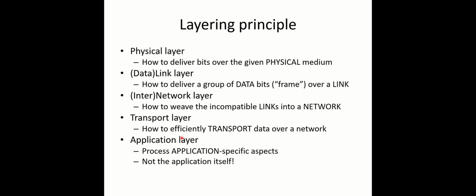For instance, HTTP, which serves to move HTML pages between machines, is an application layer protocol, and it uses TCP as a transport layer protocol, which in turn uses IP as an internetworking layer protocol, and so on and so forth.